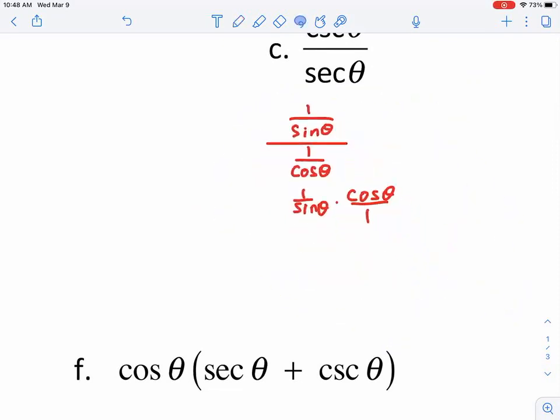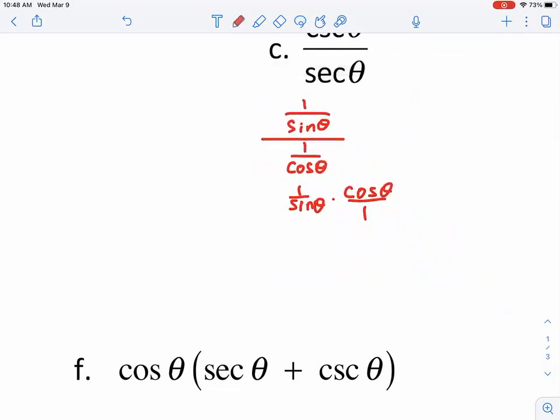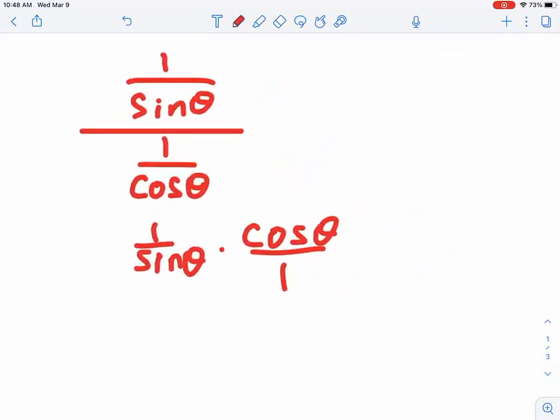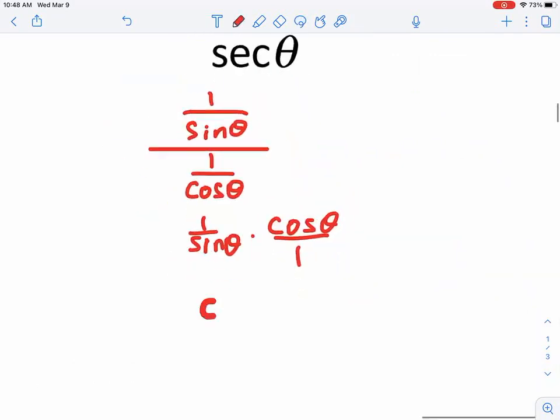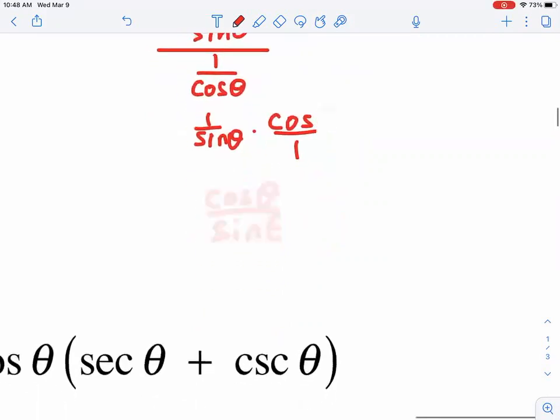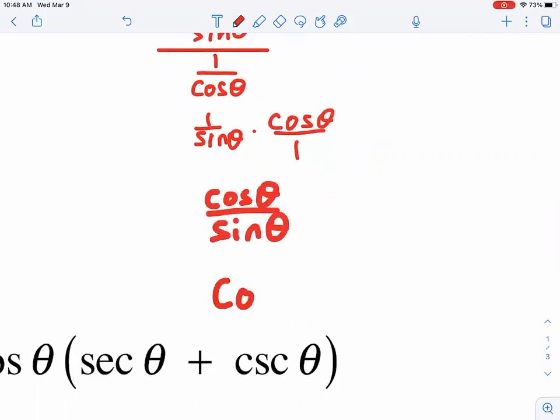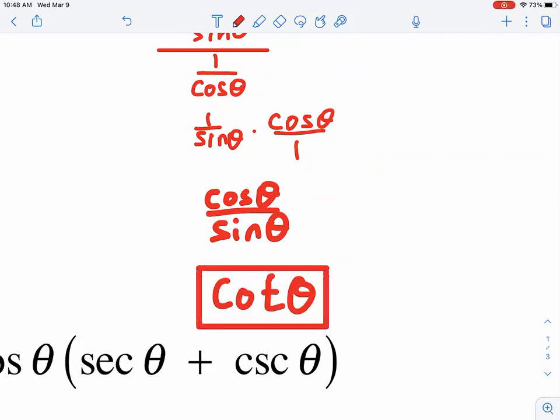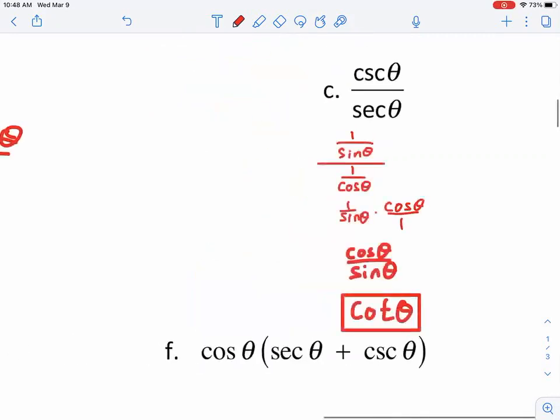And so that gives me cosine theta over sine theta. And the cosine over the sine is the cotangent of theta. So that simplifies to the cotangent of theta.